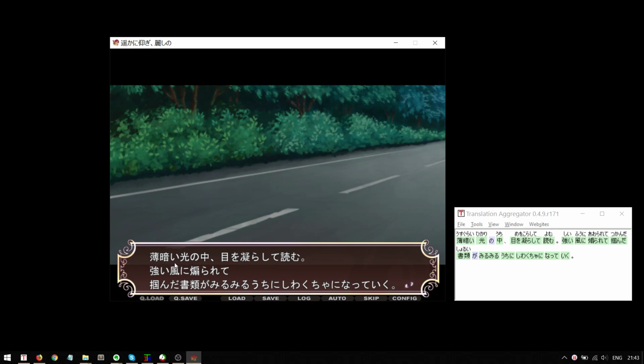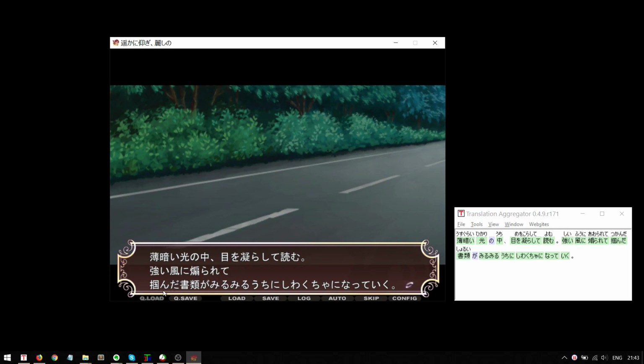In this case it means that the light is dim. In the dim light, he strained his eyes and read. 強い風に煽られて: 煽られて is passive for 煽る and it means to blow. So it was blown or fanned by the wind.